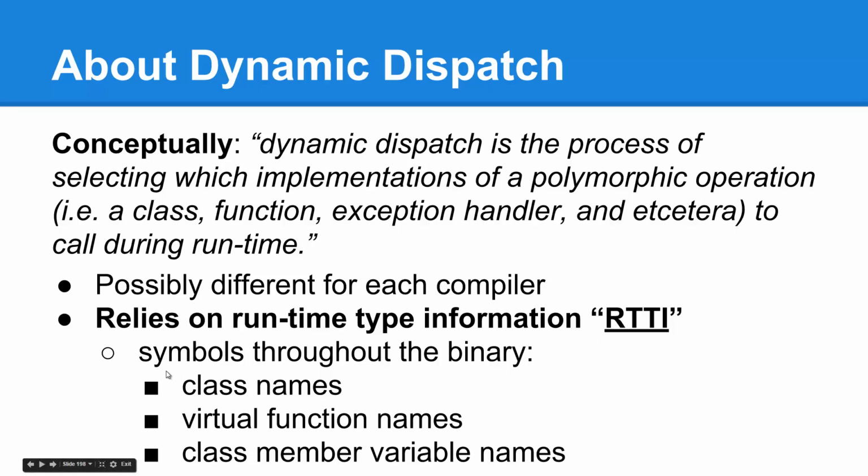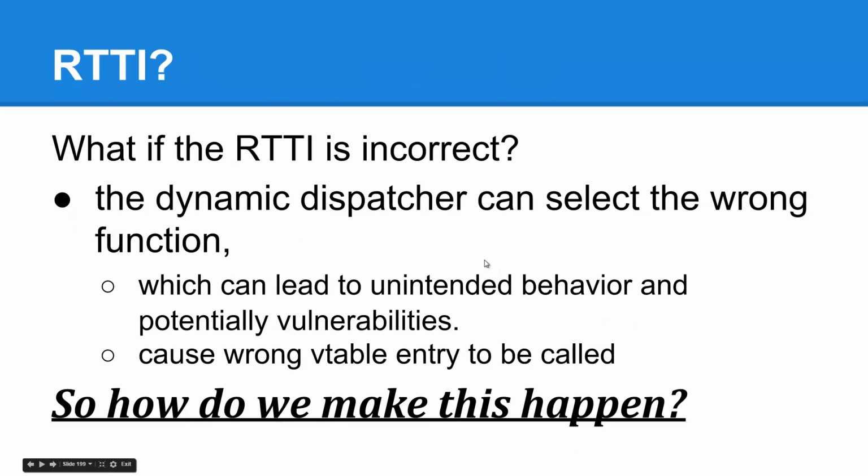So, these involve symbols that are embedded throughout the binary for the program, and they involve class names, function names, virtual function names, class member variable names, etc. And there is interesting undefined behavior that occurs when the RTTI is incorrect.